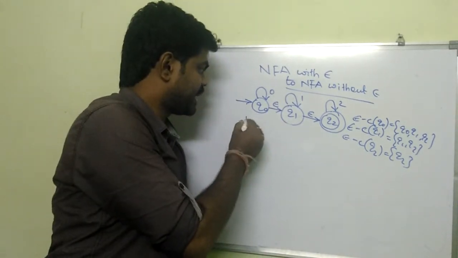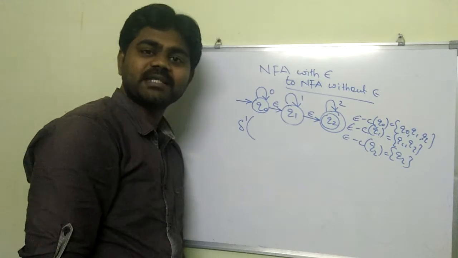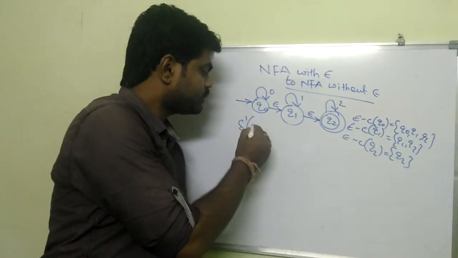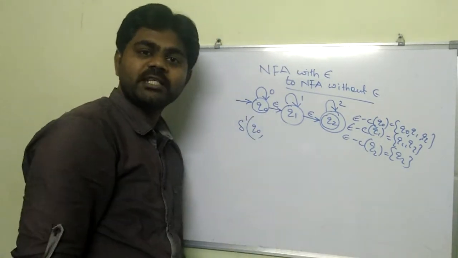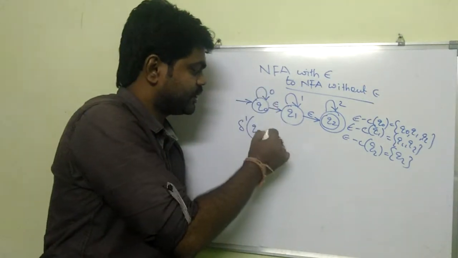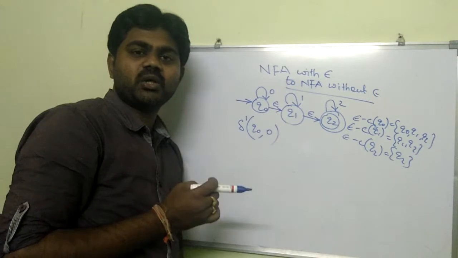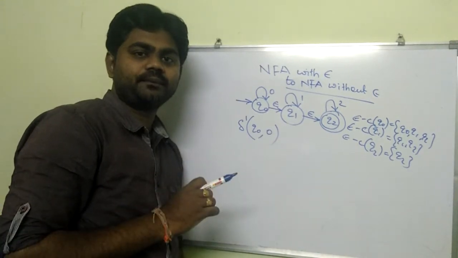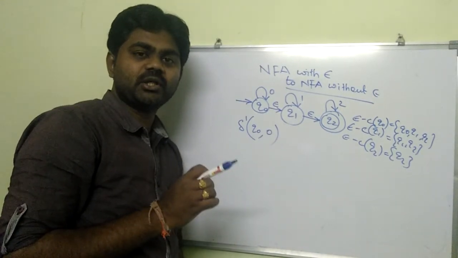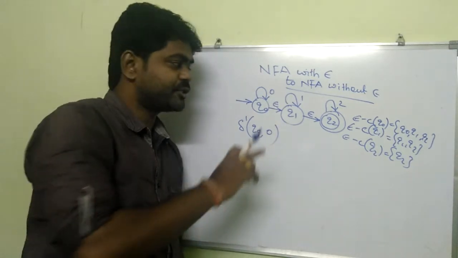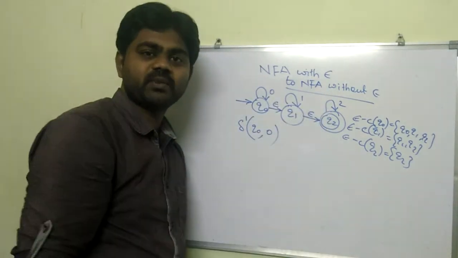My starting state is Q naught, and I should apply the inputs 0, 1 and 2 for Q naught, for Q1, and for Q2 as well.